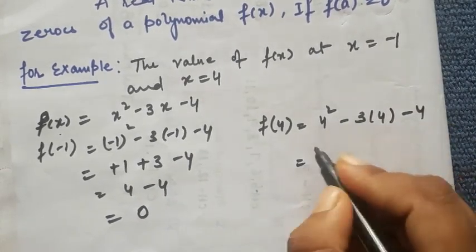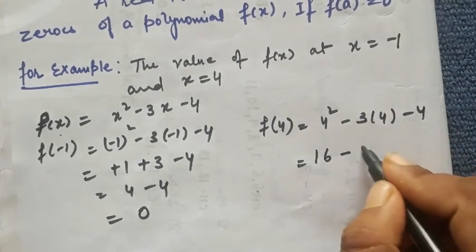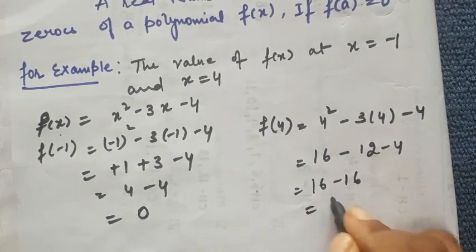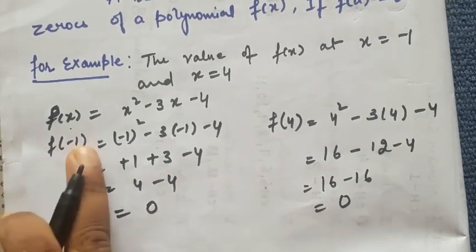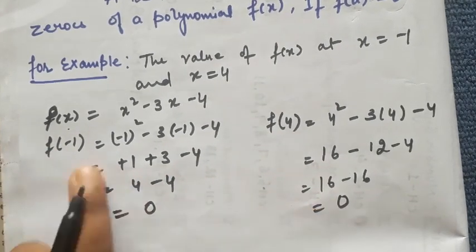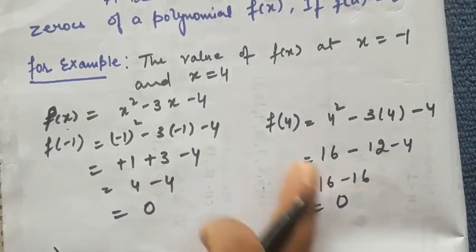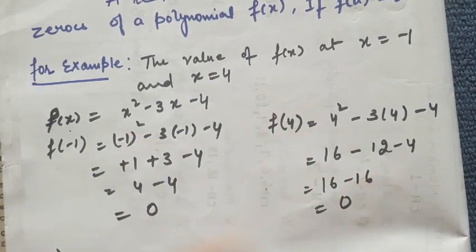Here 4 square is 16, minus 3 fours are 12, minus 4, that is 16 minus 16, equal to 0. So from here we can conclude that the values are equal to 0. If the value is equal to 0, then x equals a, and that a will be a zero of the polynomial.